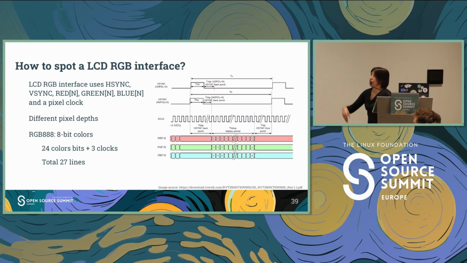So you look into the datasheet, and if you see H-sync, V-sync, pixel clock, and as many GPIO lines as you need to make parallel color, for instance, if you have 8-bit colors, you need 24 parallel lines plus the 3 clock. So it's 27 lines to be routed on KiCad.